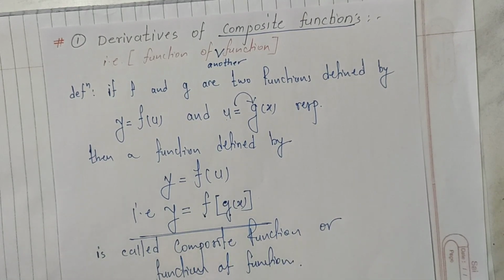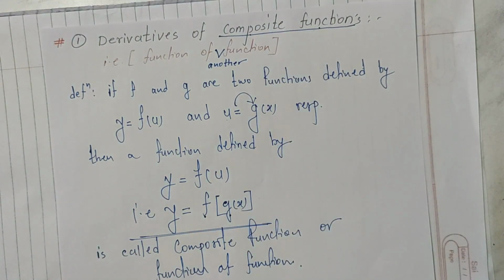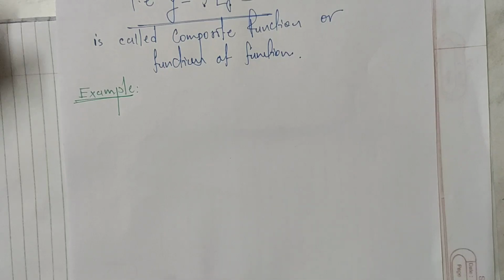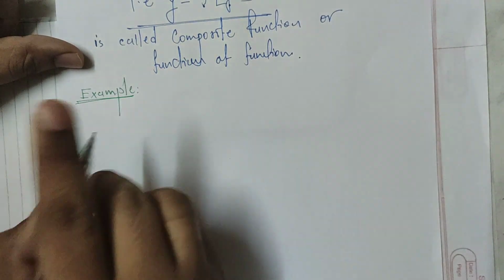Now how to identify which functions are composite functions? Let us see some examples. Here I am writing some examples. First of all, which are not composite.